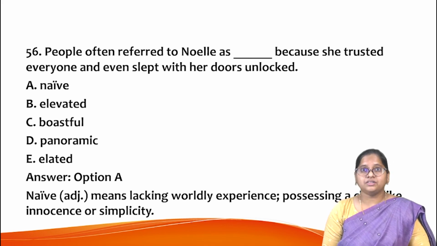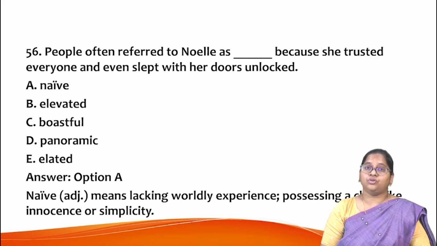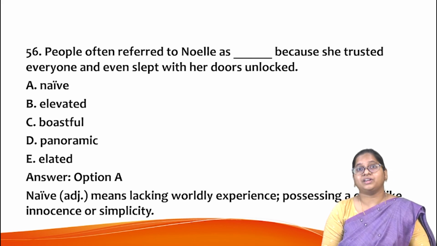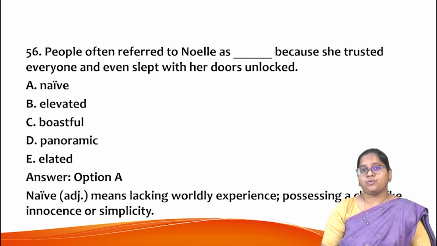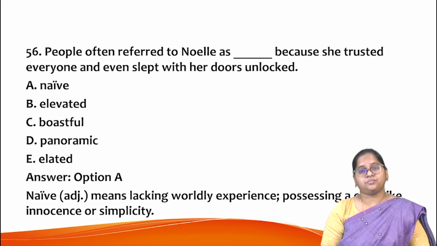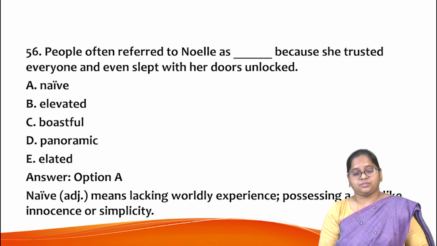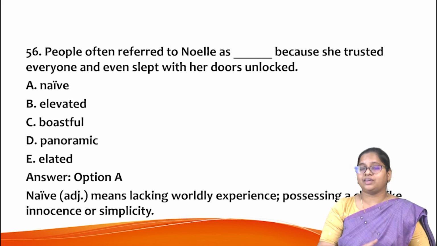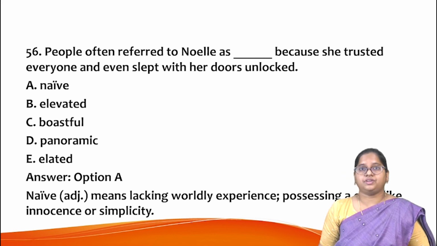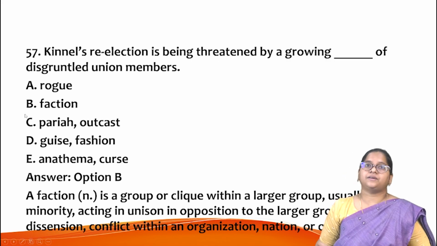Elevated means reaching heights. Boastful means a pompous nature, unnecessary praising nature. Panoramic means a wide view. What is the right meaning? Naive means lacking worldly experience. That is the sense of it. So option A is the right answer.